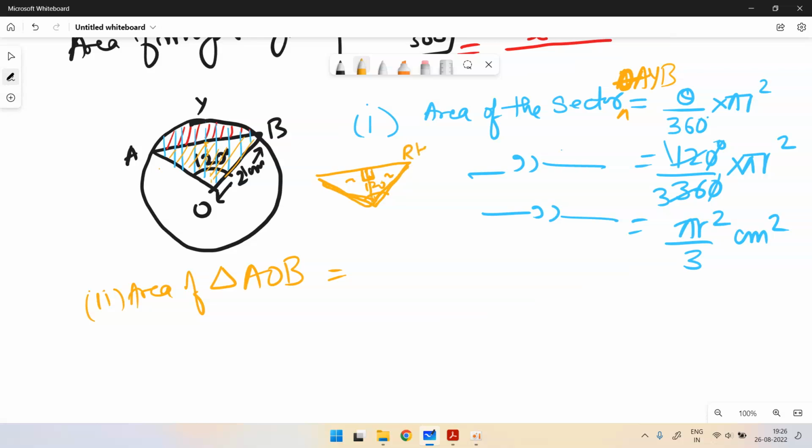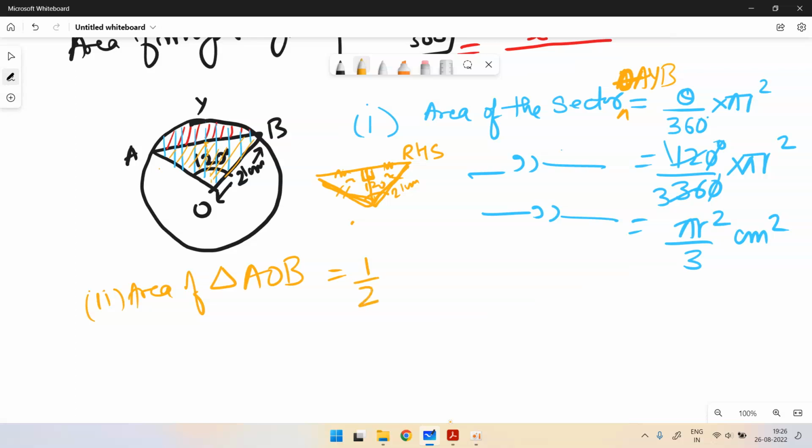So by RHS congruency, these two triangles are congruent. Since they are congruent, this side will be equal to this side, which means this will bisect this into two. This is 21 centimeter, and you need to find the area.